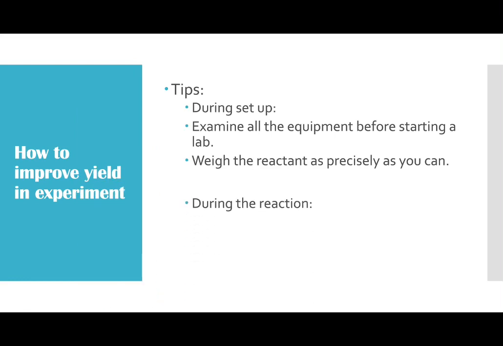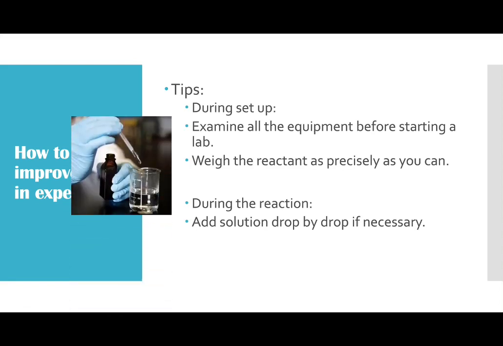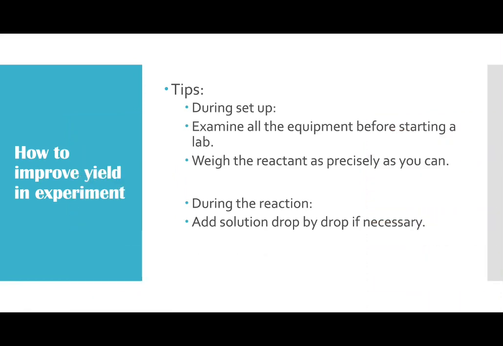And during the reaction, we can add solution drop by drop if necessary. A dispenser set introduced in the previous lab might also be a good choice for this purpose. Also, we need to pay attention to conditions like temperature and pressure during the reaction, so we can make sure the reaction will go well and properly.